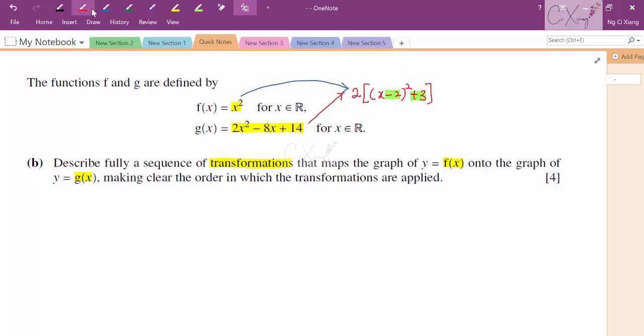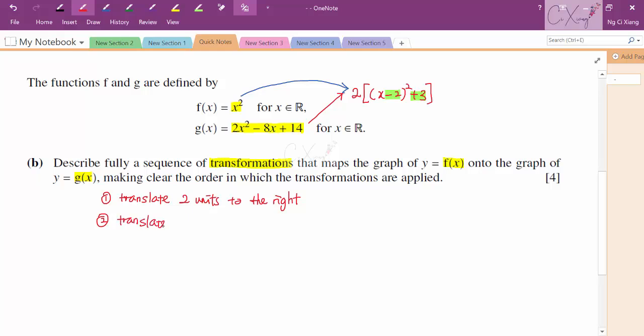All right, so I will make it in this way. The first one, I will translate 2 units to the right. So this is a horizontal translation, followed by 3 units up, also a translation.